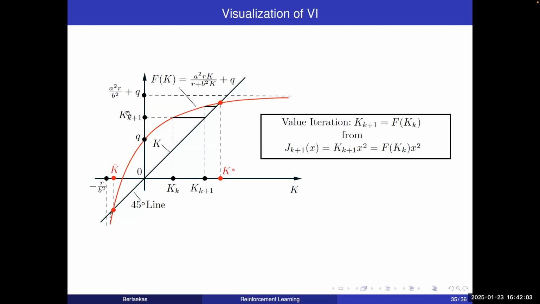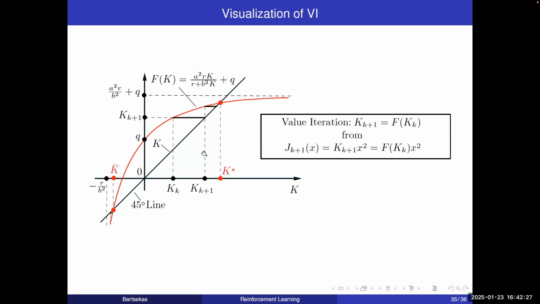So what about K_{k+2}? We plug in this value to here in order to get K_{k+2}. And the value K_{k+1} can be obtained by drawing a horizontal line to meet with the 45-degree line.